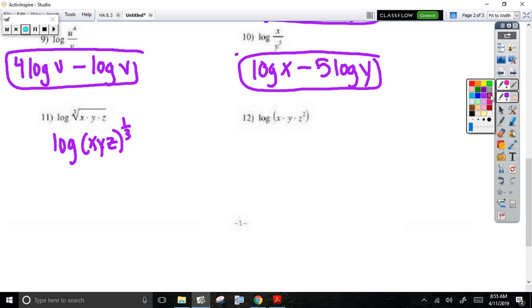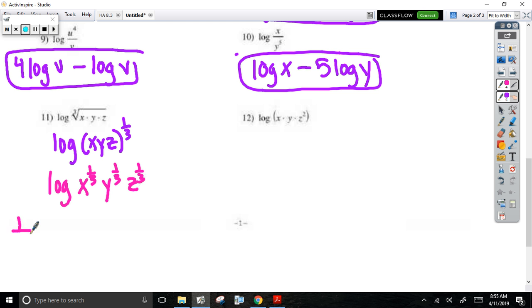So you then can distribute that to make it log x to the 1/3, y to the 1/3, z to the 1/3. Or you could bring the 1/3 out and then use parentheses. But this should get us 3 separate logarithms. We'll have 1/3 log x plus 1/3 log y plus 1/3 log z.